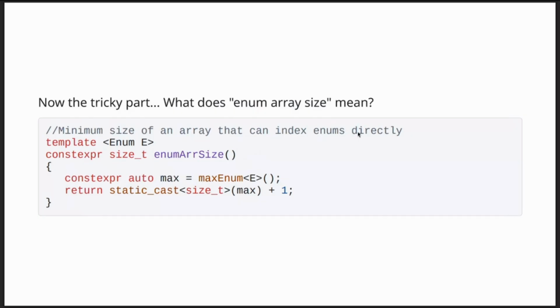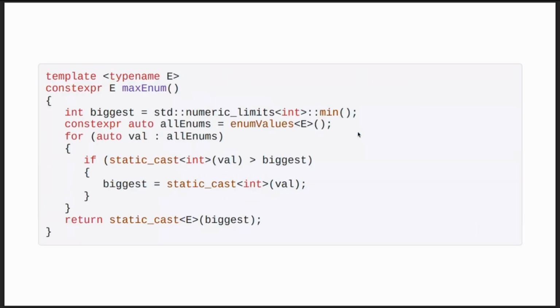But so, okay, let's assume that we can figure out what our max enum value is. If we can do that, then we add 1 to that to get the size of the array that would contain that value as its highest index. Okay, how do we get our max enum?